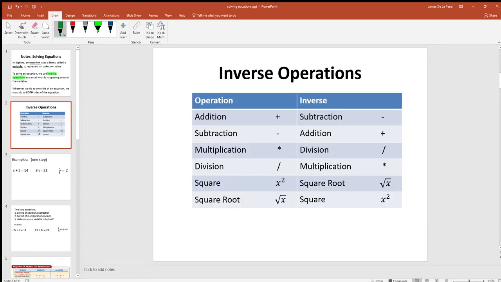So our inverse operations: if you're working with addition, the inverse is going to be subtraction. In other words, these two are opposites. If your equation involves subtraction, then the inverse is going to be addition. Same thing with multiplication and division. They're opposites. They cancel each other out.